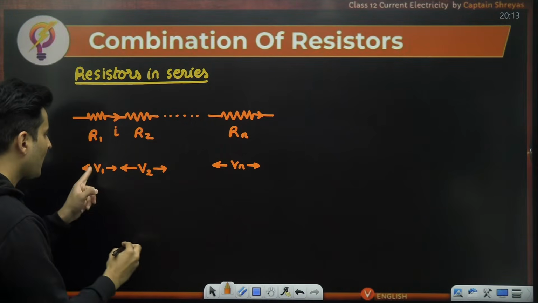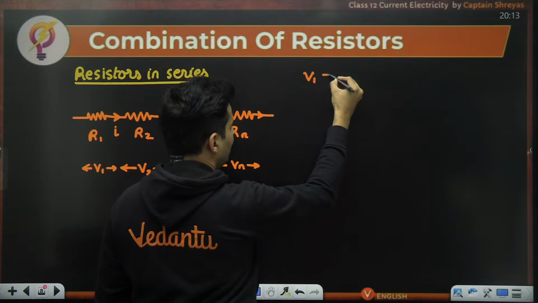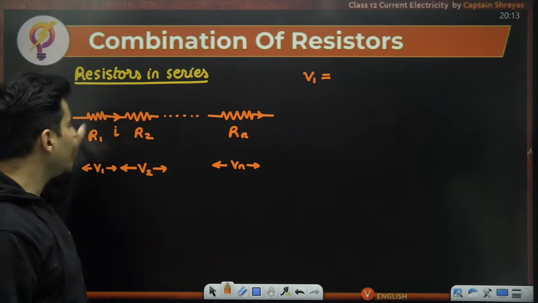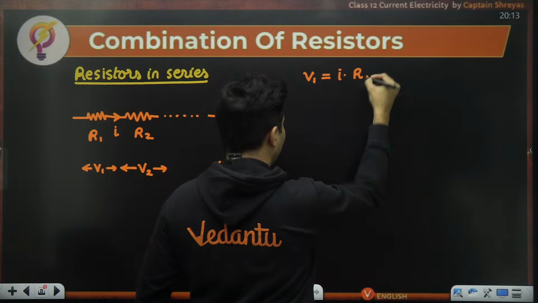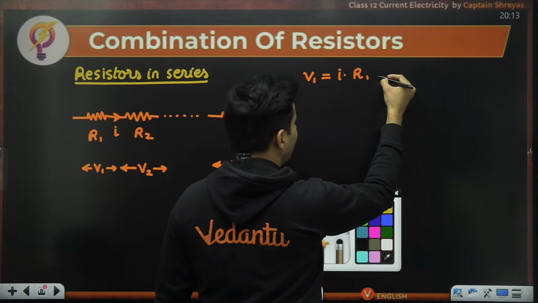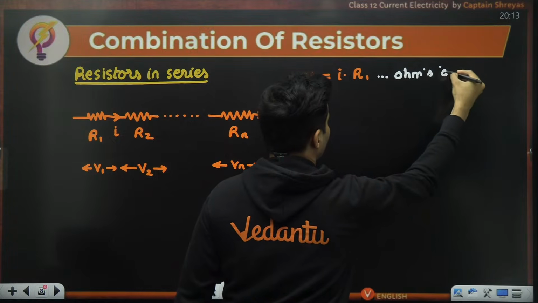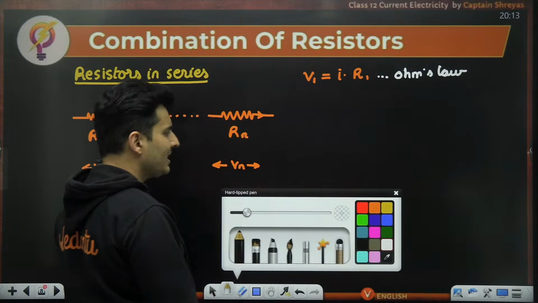Each of these voltages, say for example V1, will be, by Ohm's law, current into that resistance. So it will be current multiplied by that resistance. This is plain and simple Ohm's law. What is that current?